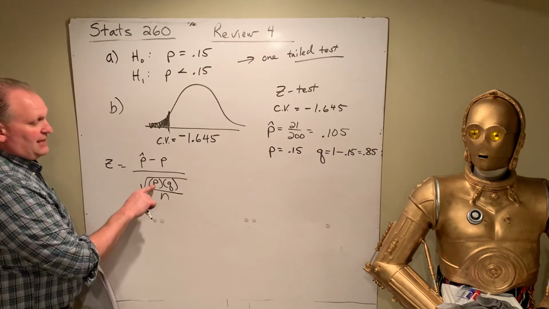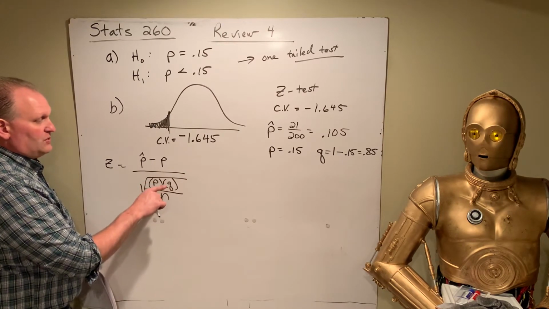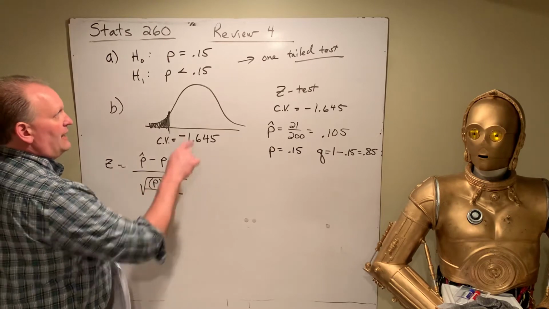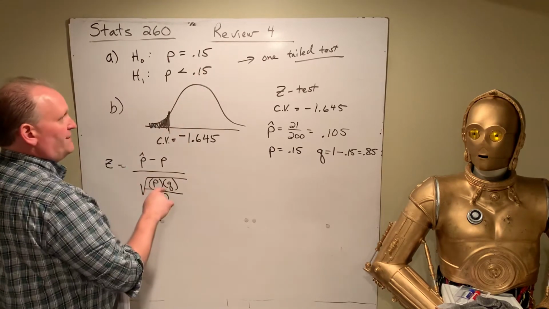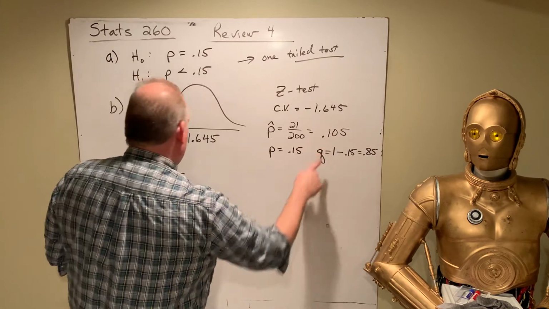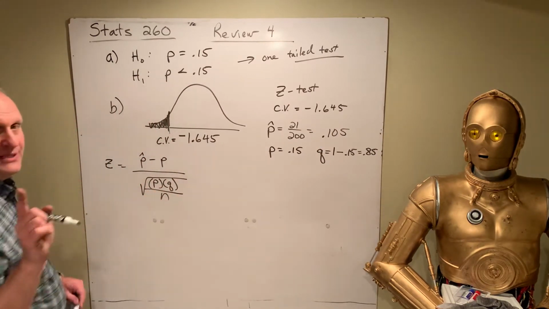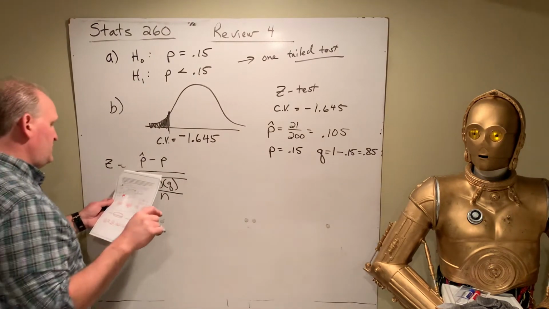This is P and Q, not P hat and Q hat. Okay? So be careful about that. A lot of students last semester used 0.11 and 0.89 for P hat and Q hat, but that's not what the equation wants. It wants just P and Q.